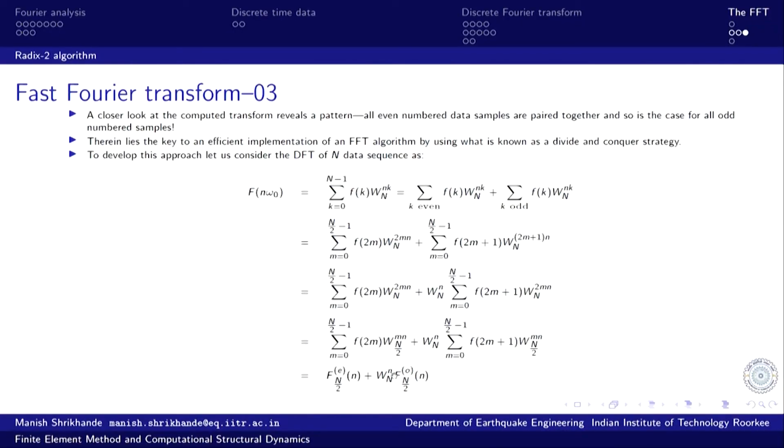So, while we are computing the Fourier transform of n length data, that can be represented as the sum of the Fourier transform of half length data, that is the even numbered data, and the twiddle factor W_n raised to the power k times the odd numbered data Fourier transform.